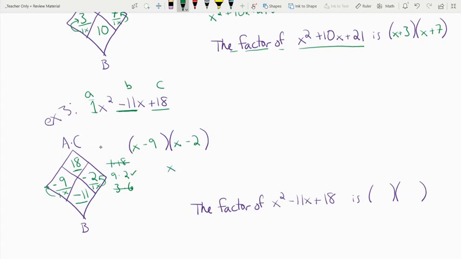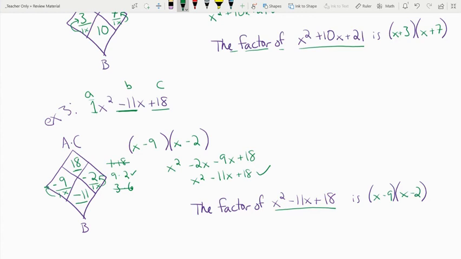FOIL first, x squared, outside minus 2x, inside minus 9x, last, plus 18. And if I combine like terms, x squared minus 11x plus 18. Check. So the factor of x squared minus 11x plus 18 is x minus 9, x minus 2.